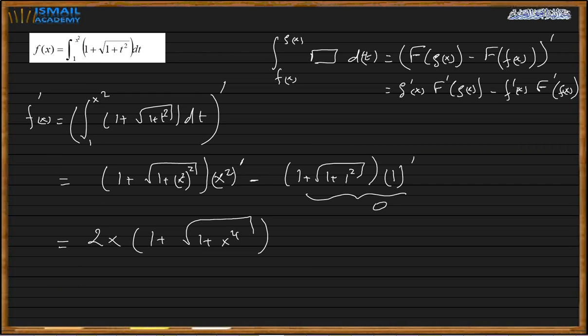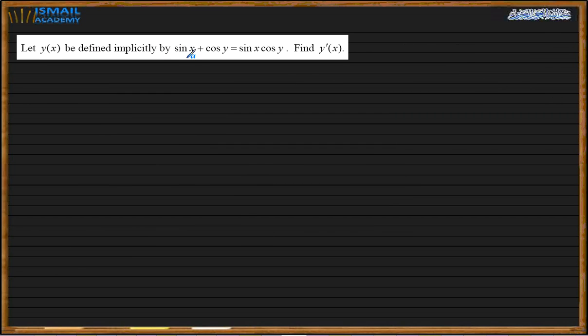The next question. Let y be defined implicitly by sine x plus cosine y equals sine x cosine y. Find y prime. So here I take the derivative of both sides. Derivative of sine is cosine, derivative of cosine is negative sine.